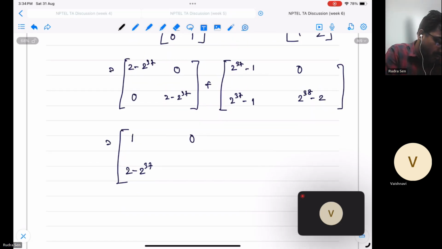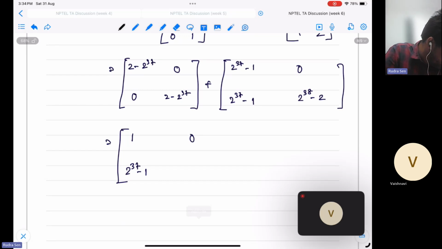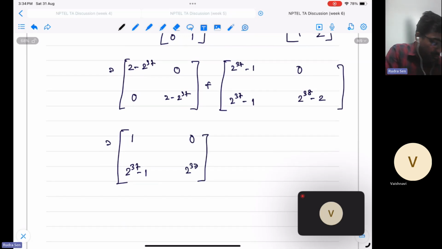Yeah. So anyhow this is 1. Okay, this is 0. This is 2 to the power 37 minus 1, and this term is basically 2 to the power 37. So this is your A to the power 37.